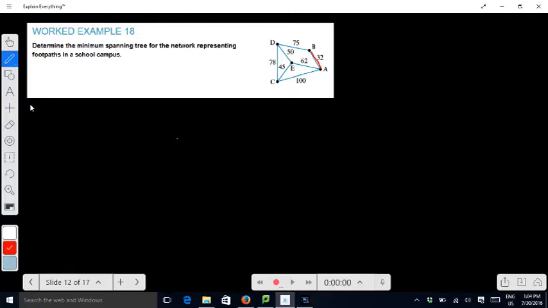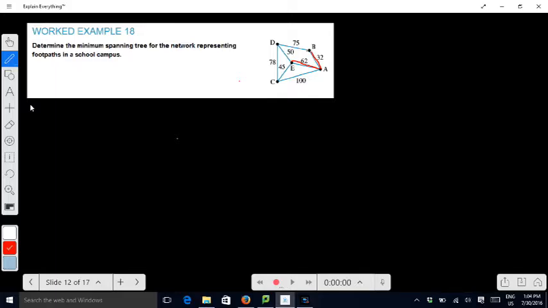Inspect A and B and find the shortest edge connecting one of these to a third vertex. So A and B, I can either go A to E, which is 62, or from B, I can go B to D, which is 75.